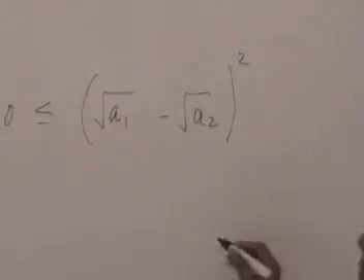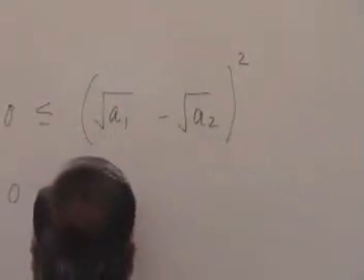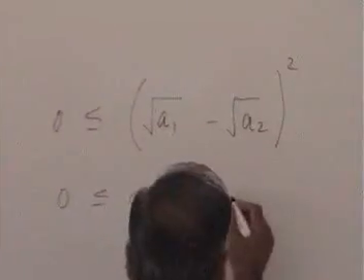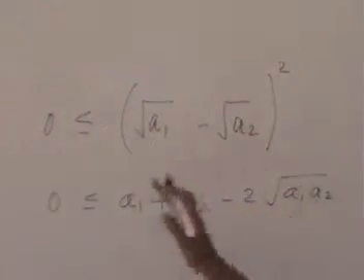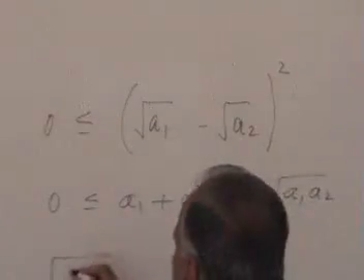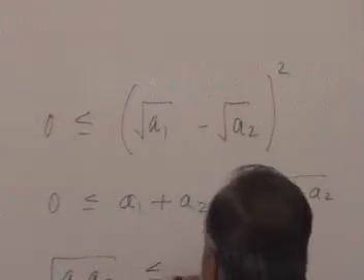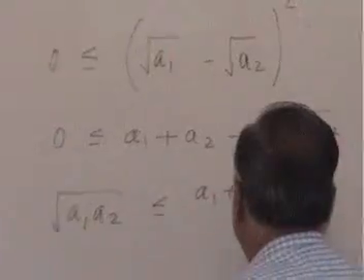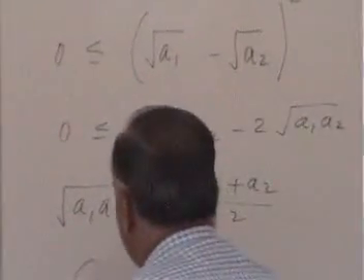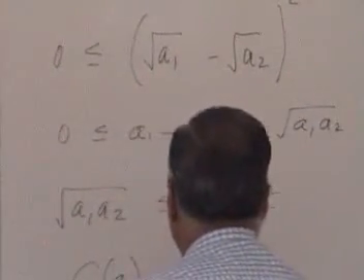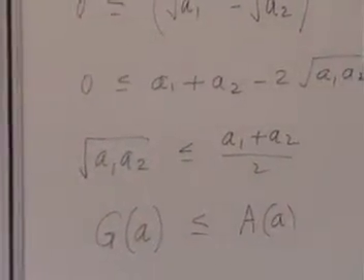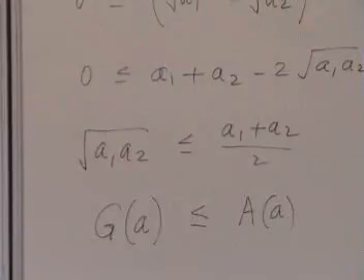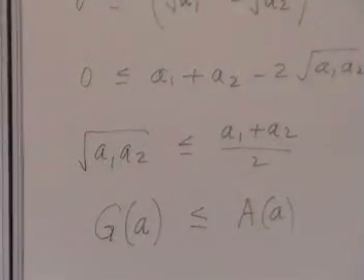Now we expand this, so 0 is less than or equal to a1 plus a2 minus 2 root a1 a2. Or you take it to this side, you get the square root of a1 a2 is less than or equal to (a1 plus a2) by 2, which is simply GA is less than or equal to AA. And that's, in the simplest form, what the arithmetic-geometric mean inequality is.